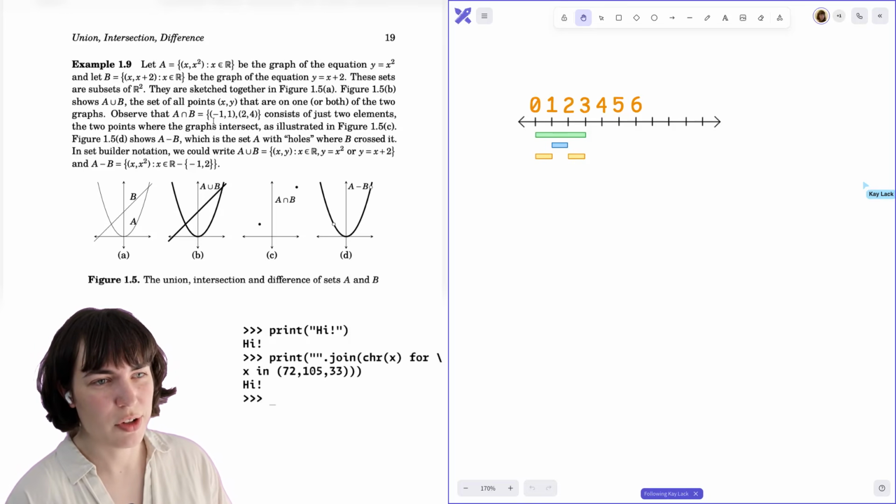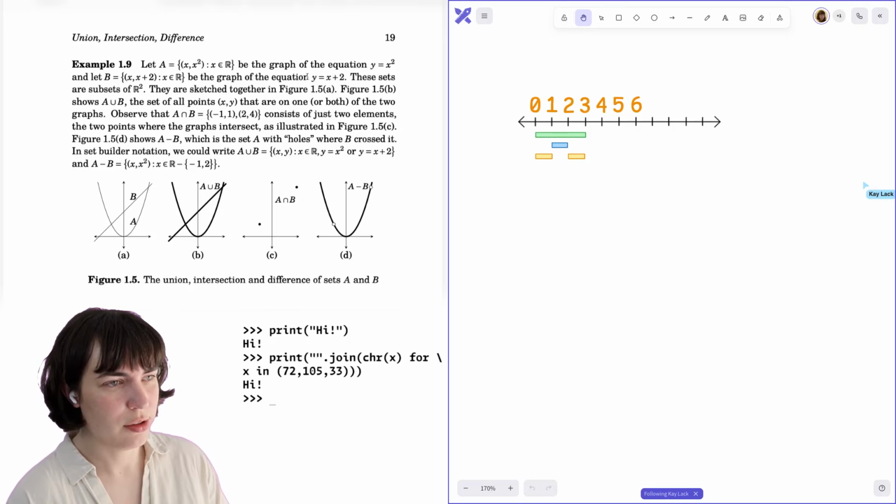These sets are subsets of R squared. They are sketched together in figure 1.5a. Okay, so we've got these lines here.